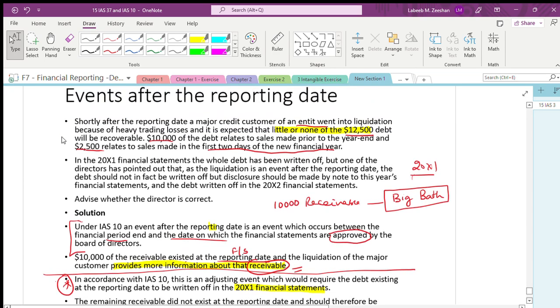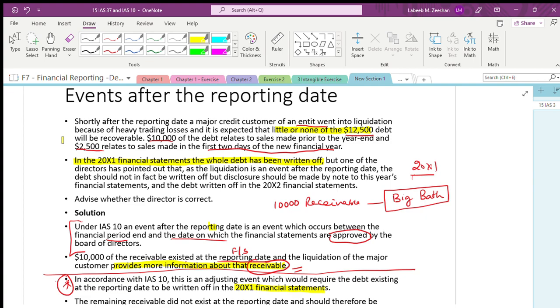When the financial statements are being prepared, is it right? In the 2001 financial statements, the whole debt has been written off. Very simple.